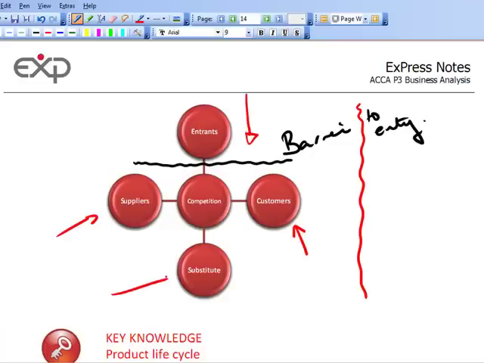What about substitute products? The more the availability of substitute products, the stronger the threat from this force, because it's easier for customers to switch to that substitute product. And then competition. Obviously, the more competitive the market, the bigger this particular force would be. So that's Michael Porter's 5 forces model.